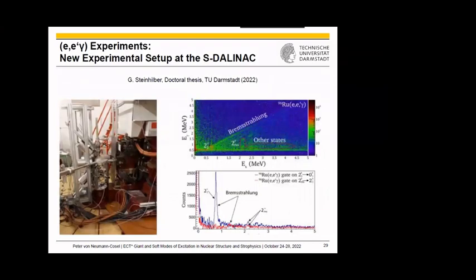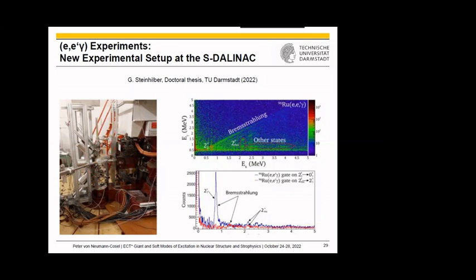Okay, another thing, recently we have completed at the S-DALINAC a setup for (e,e'γ) experiments. This is just showing the figure. So you have this setup of gamma detectors.